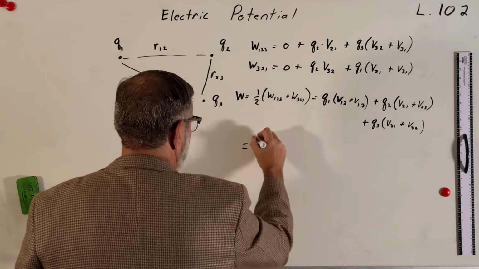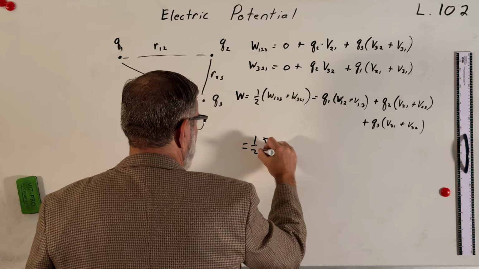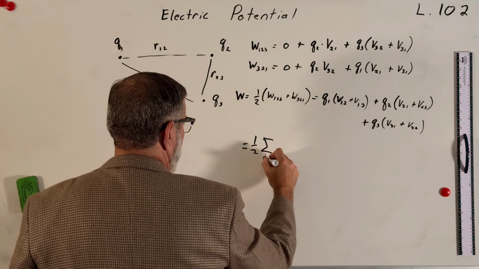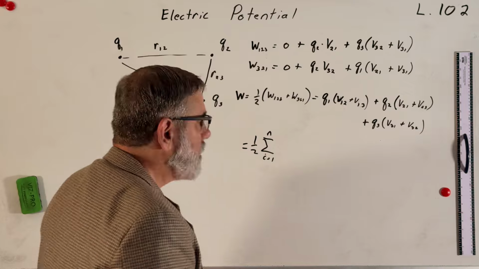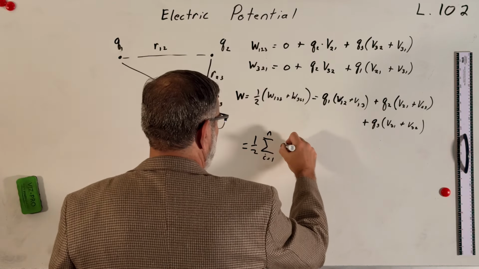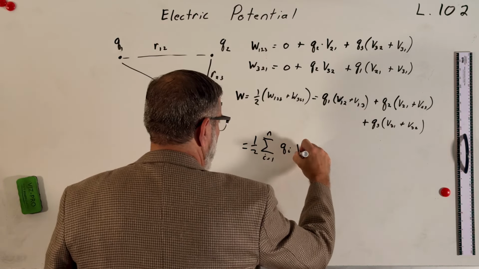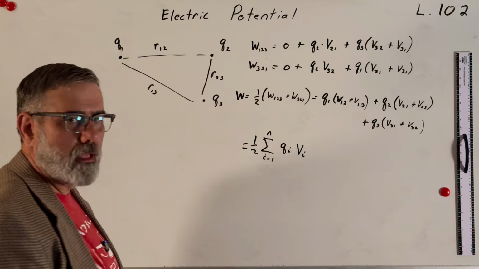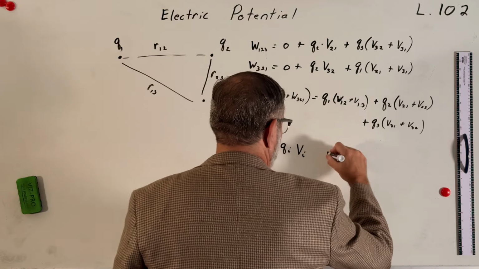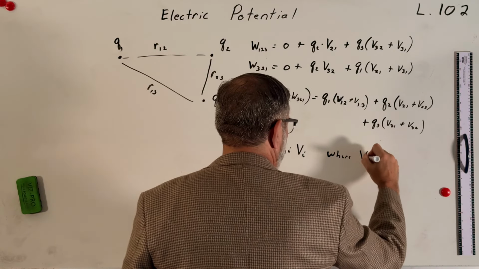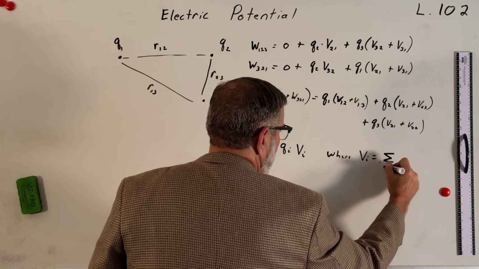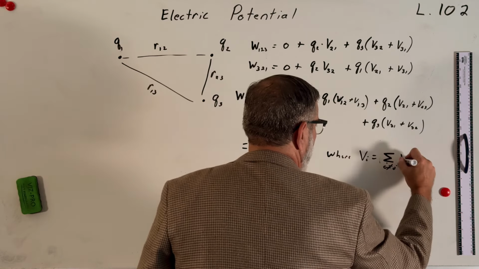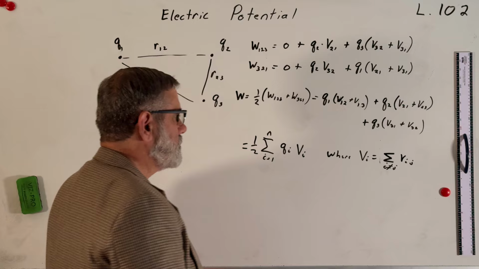And I can write this as 1/2 times the sum from i equals 1 to n, where n is the number of charges, times Qi times Vi. And what does Vi mean? Vi is equal to the sum, j not equal to i, of Vij.